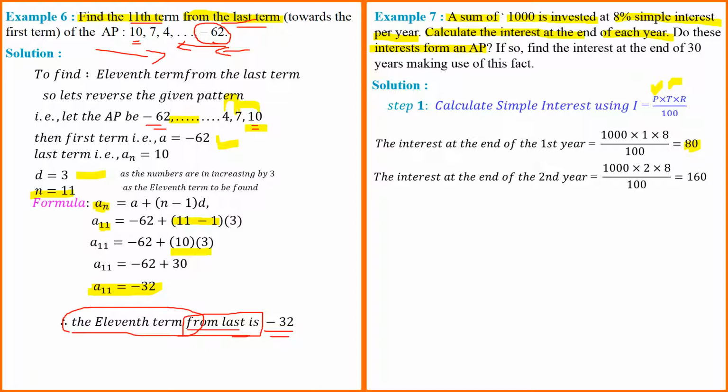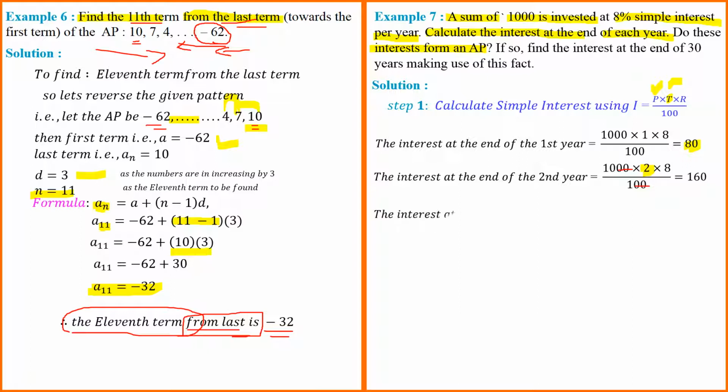The interest at the end of the second year: if it is the second year, we are calculating the interest for 2 years, so instead of T we have 2. It's going to be 160. Here we cancel 2 zeros, and 10 times 16 is 160.